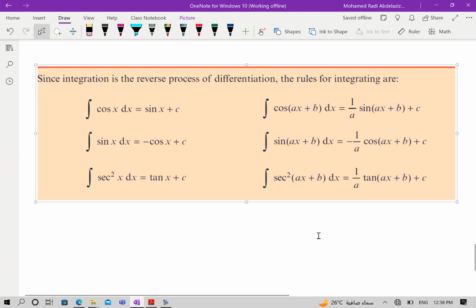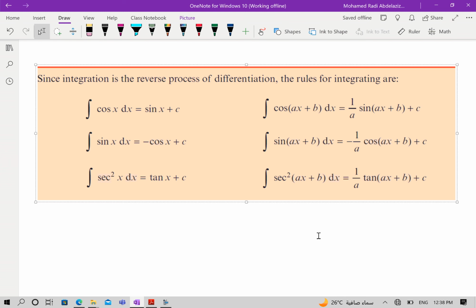Integrate cosine: sine. He switched the order. I started with integrate sine and wrote negative cosine, but he wrote integrate cosine will be sine. Correct, because differentiation of sine is cosine. But when I ask to integrate sine, negative cosine plus C. Integrate sec squared, tan x. In case we have a coefficient, 1 over a.